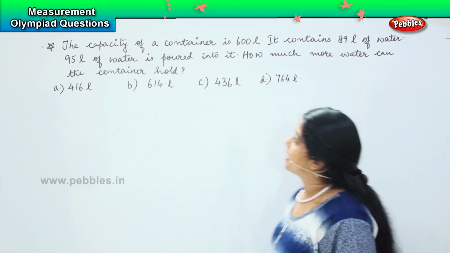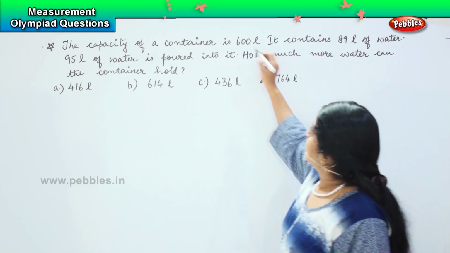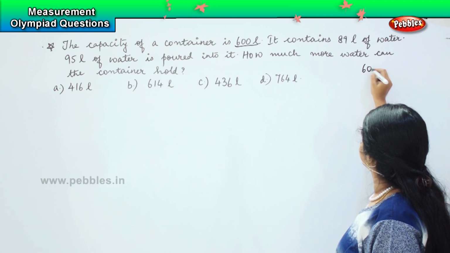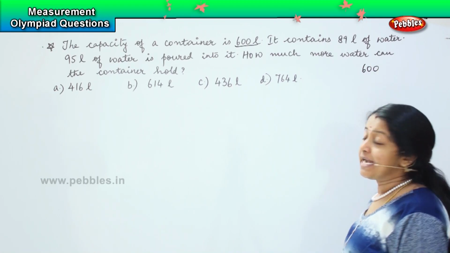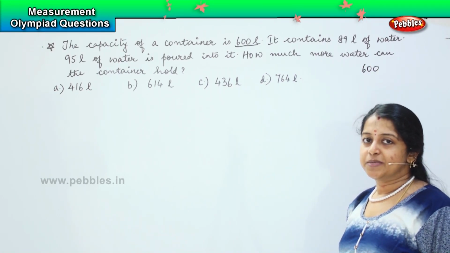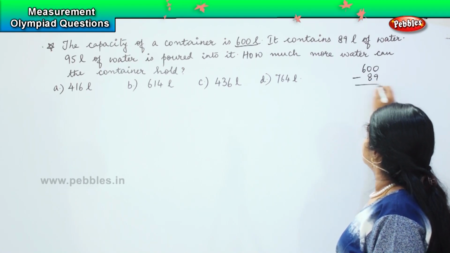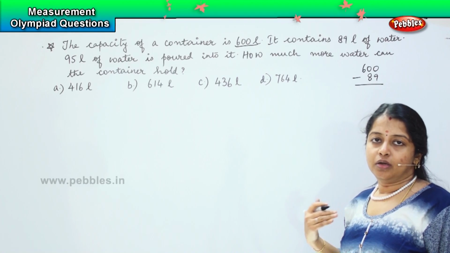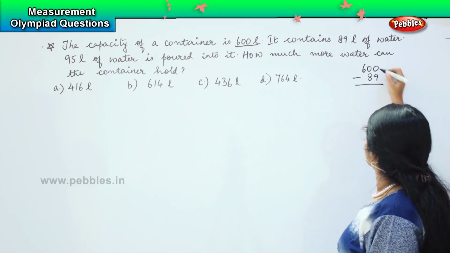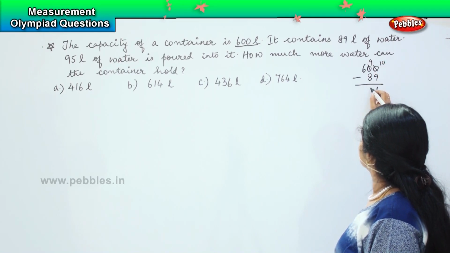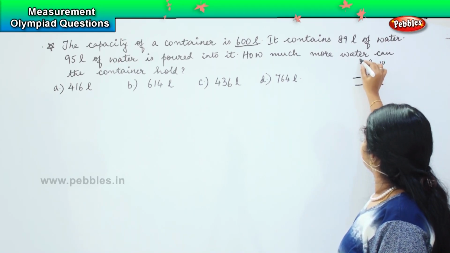So, the question is asking me that the capacity is 600 liters, okay? It contains 89 liters of water. So, which means that we have to first reduce 89 to see how much water can be added further. So, 10 minus 9 is 1, 9 minus 8 is 1, and 5.